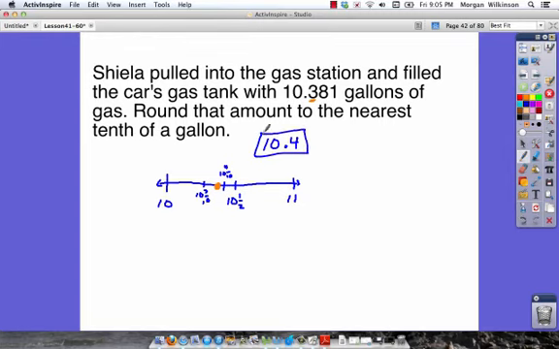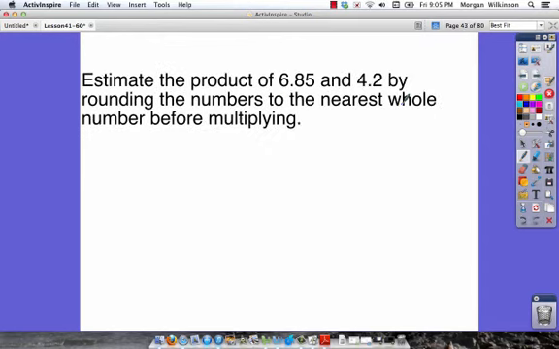Using a number line can be very helpful. Just sketching one out like I've done will help us to find out what the right answer would be. Now the next problem says to estimate the product of 6.85 and 4.2, or we could say 6 and 85 hundredths and 4 and 2/10, by rounding the numbers to the nearest whole number before multiplying. Now this is a very good way to find an approximate answer.